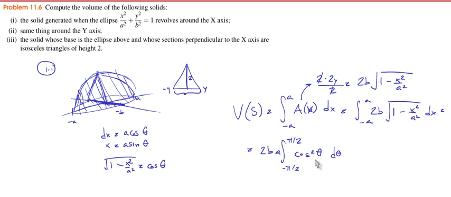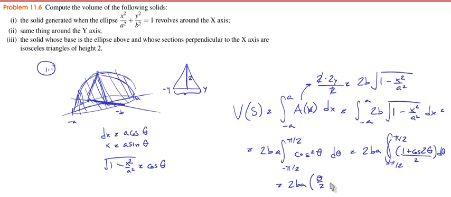So remember that this is 2ba, and then we have the integral between minus pi over 2 and pi over 2 of 1 plus the cosine of 2 theta divided by 2 d theta. That is 2ba times theta halves plus the sine of 2 theta divided by 4, between pi halves and minus pi halves.